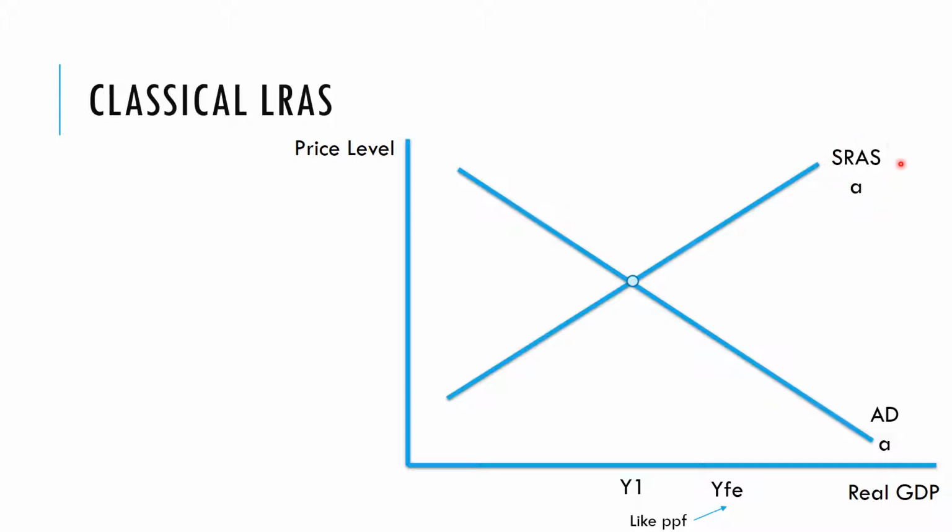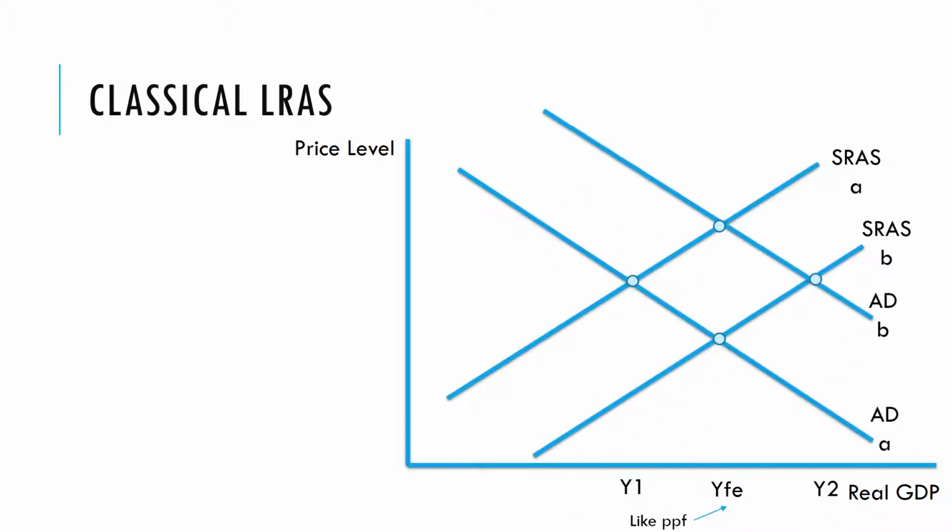And if the cost of inputs to businesses are lowered, we would very quickly see a reduction in the short-run aggregate supply curve. And so the level of output through the reduction in price would increase to YFE. So the economy will quickly adjust from this position to this position.